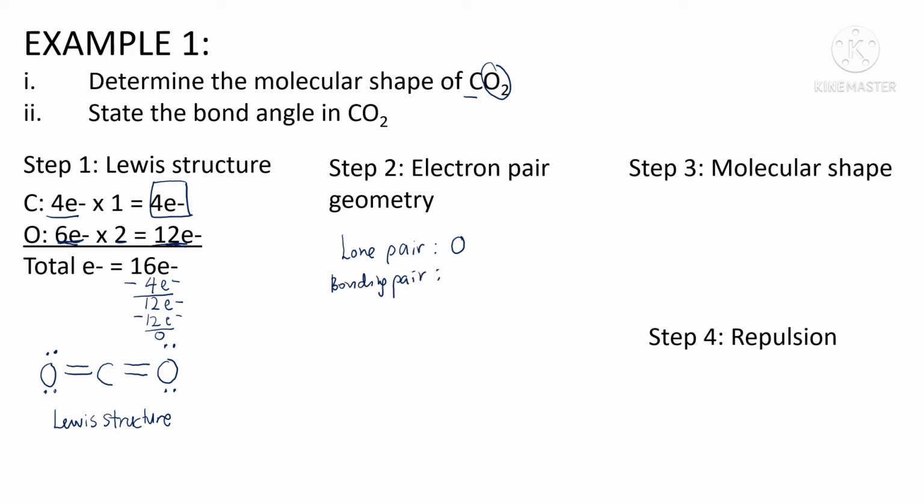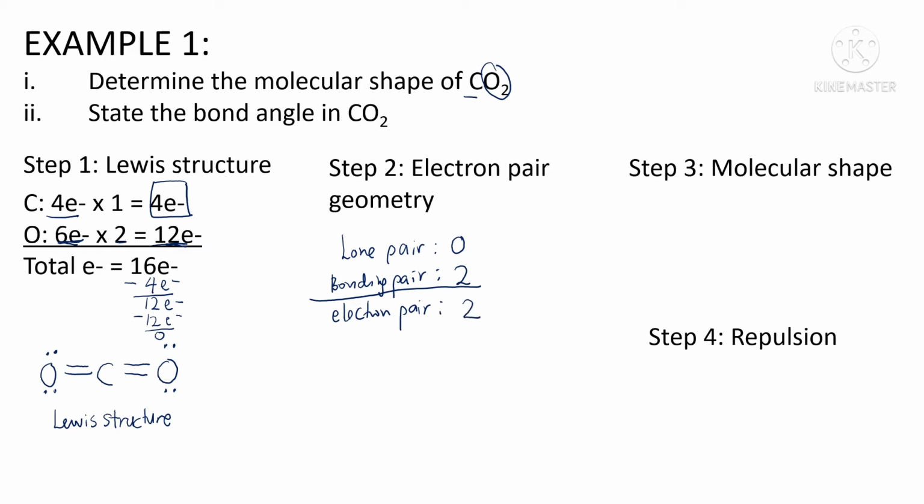So basically, there are 1, 2. So 2 bonding pairs around the central atom carbon. Even though this is a double bond, we still consider it as 1 bonding pair, 1 group of electrons. So therefore, 1 bonding pair and another double bond, another bonding pair. And that gives total electron pairs around central carbon equal to 2.